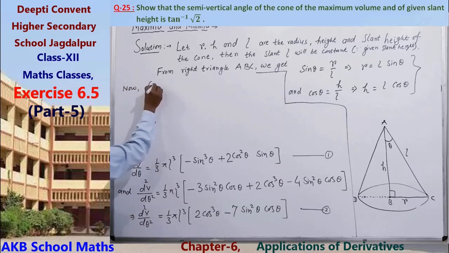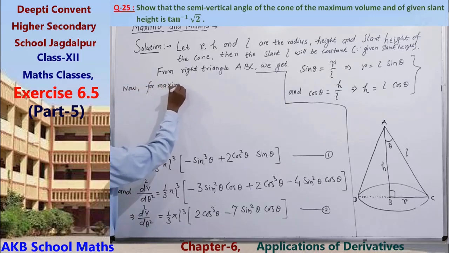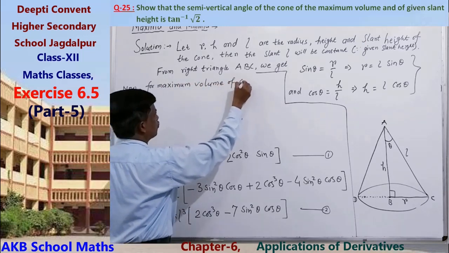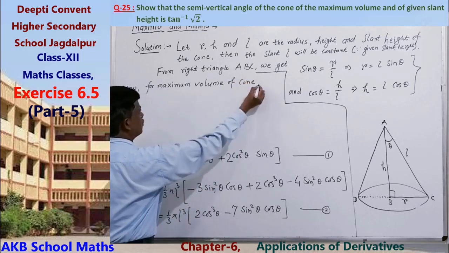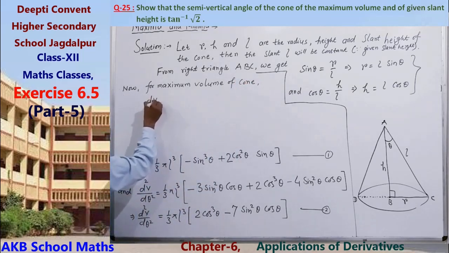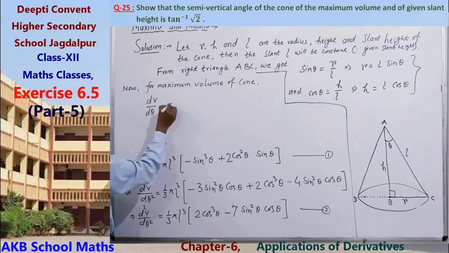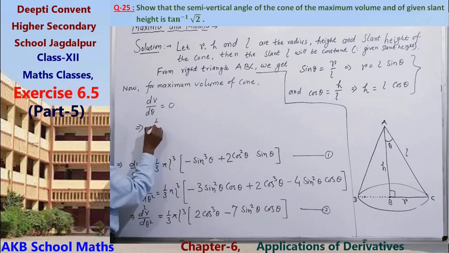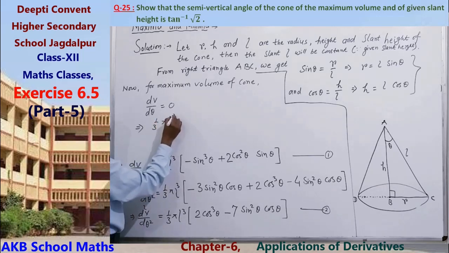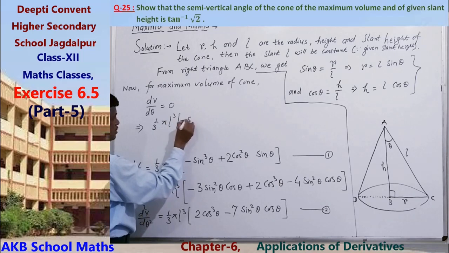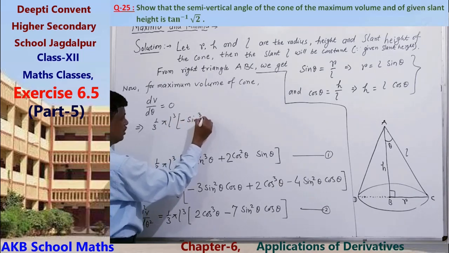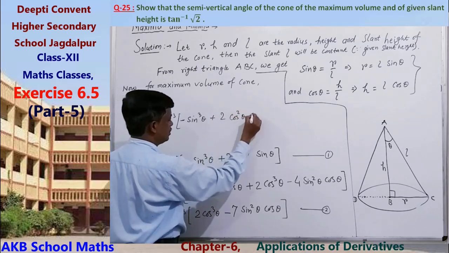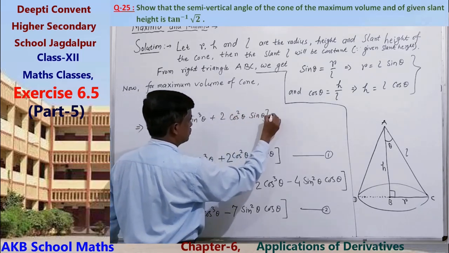Now, for maximum volume of the cone, the first derivative dV by d theta equals 0, which implies 1 by 3 pi L cube times minus sin cube theta plus 2 cos square theta sin theta equals 0.